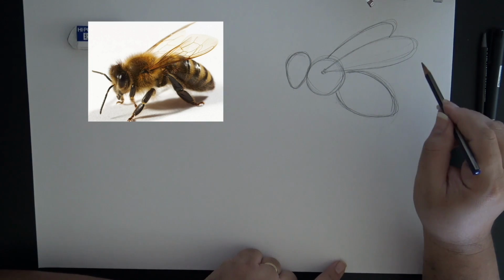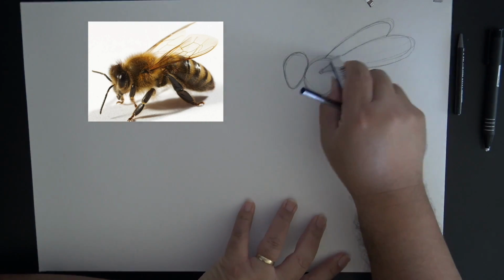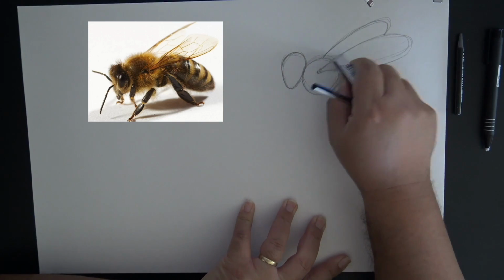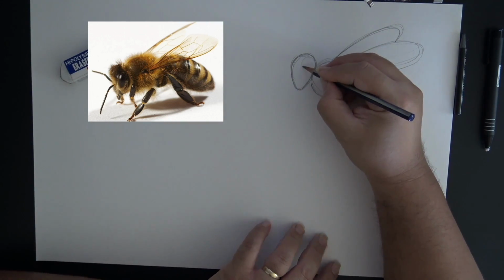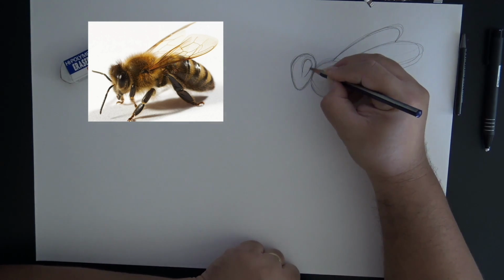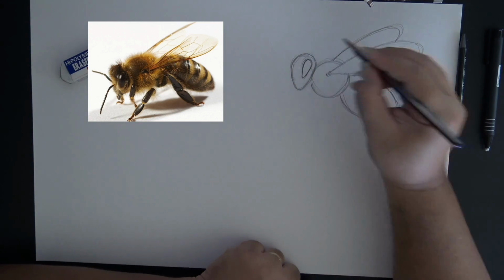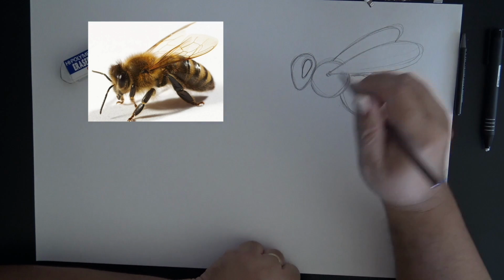That same ovular kind of line is going to be used on top of the head, and that's going to be used for the eyes. The eyes have those same kind of big ovular shapes. There's one on this side and one on the other side that you can't really see.